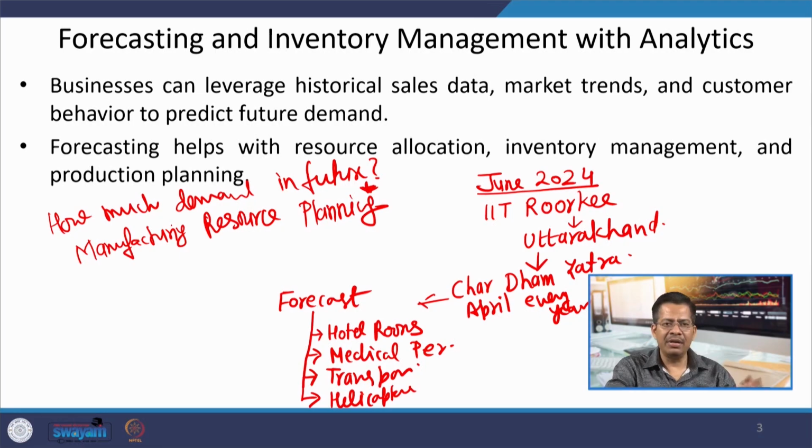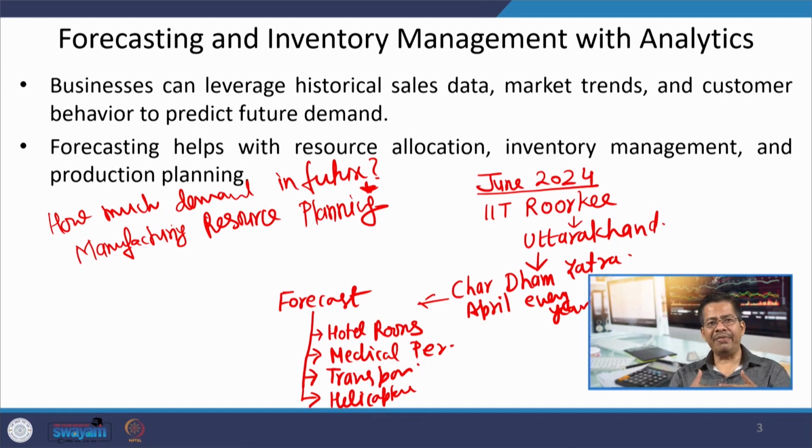So, they stopped registration for a particular period, up to 31st of May. They reopened the registration process on 1st of June. But again they realized that within a few hours, all the slots available for devotees for these shrines got filled in just 3 to 4 hours.